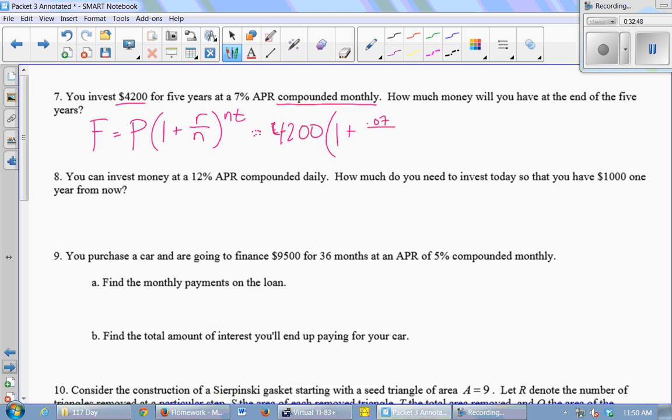Divided by n, which is the number of compoundings per year, which should be what in this case? 12, because I'm compounding monthly. That's 12 times per year. So I put in a 12 for n, and then I put in a 12 for n up here, and t is 5 years.